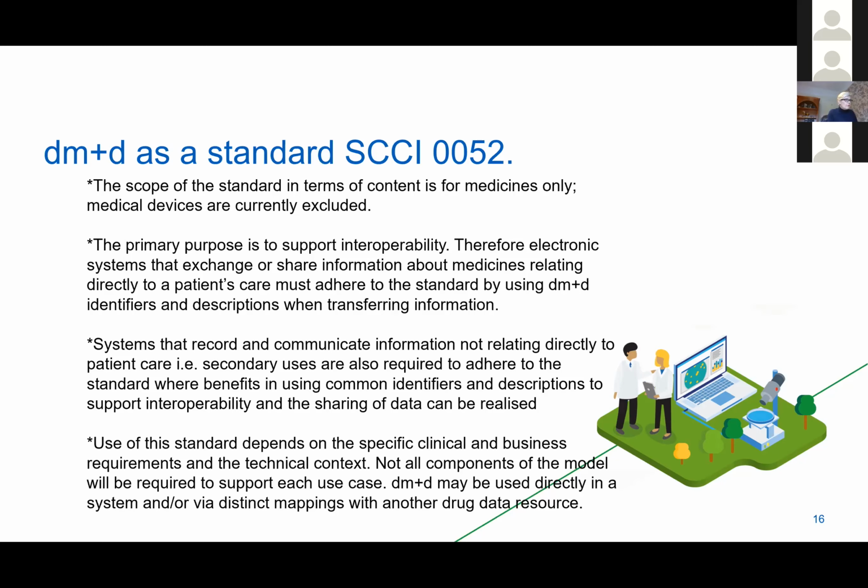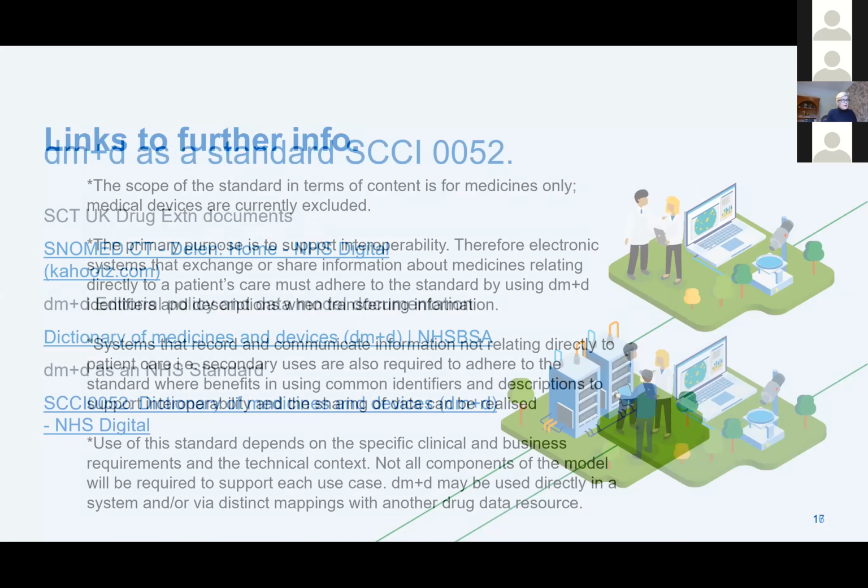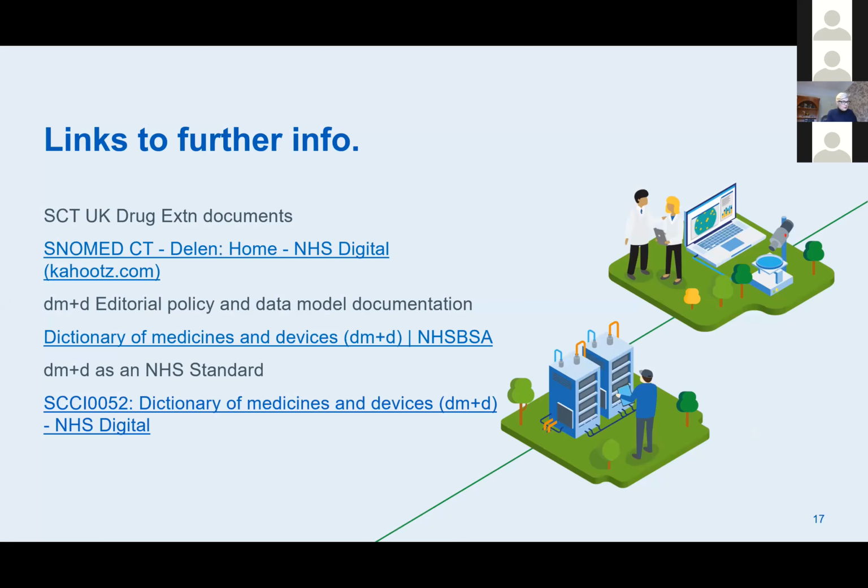Now I realise that that is a lot of information that I've given to people. So on the final slide, I have some links to information that I think might be helpful to you. We've got the UK drug extension documents, which is the data model and the editorial policy, and there's a link to where you can find those. There's the dm+d editorial policy and data model, and a link to that page.